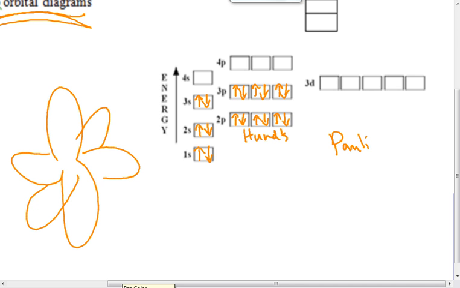Does it go to 4s2 next? Yep, 4s2. And then lastly it says 3d what for chromium? 4. And this is where it would actually matter, because chromium would go 1, 2, 3, 4.